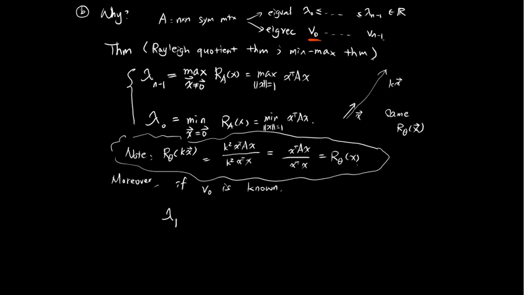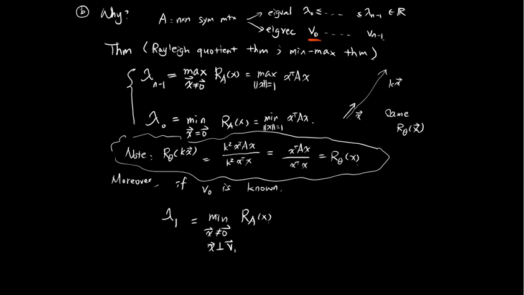And it is taking the minimum of all the Rayleigh quotients. And again, we look at all the non-zero vectors, but this time, we focus on those vectors that are perpendicular to v1. Sorry, it is v0.